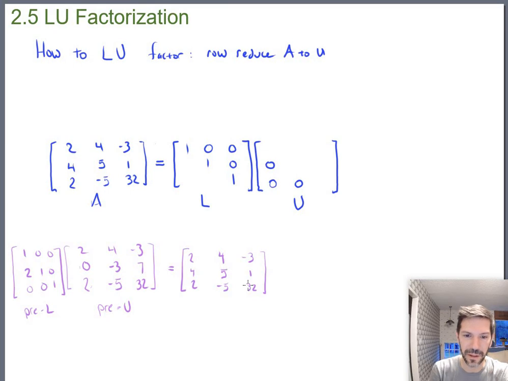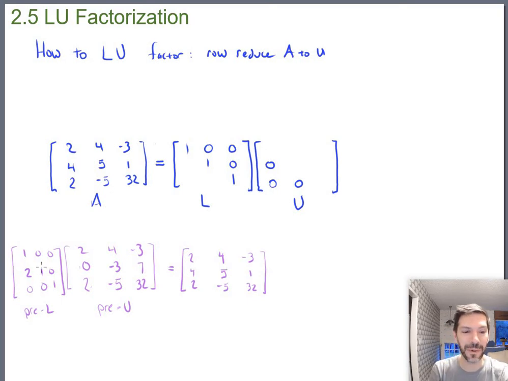Notice, by the way, that this pre-L over here did not change the first row or the third row of the pre-U. All it did was add 2 of the first row to the second row. Essentially, it undid my first step of row reduction. And here's the heart of the matter.